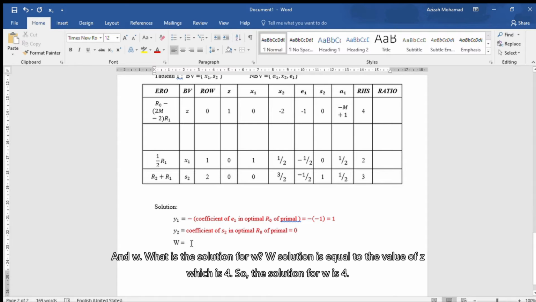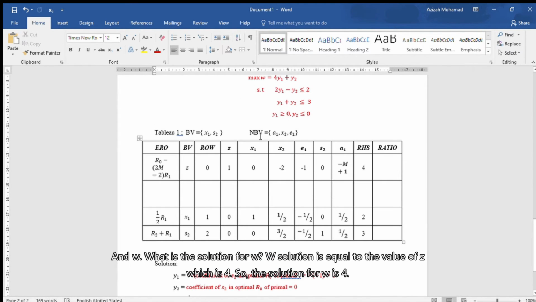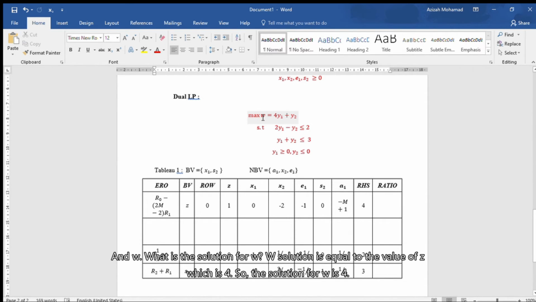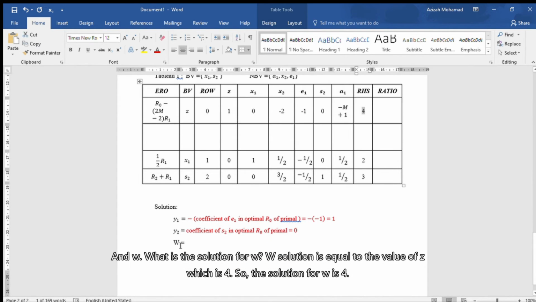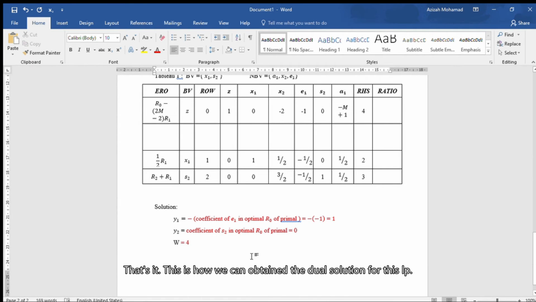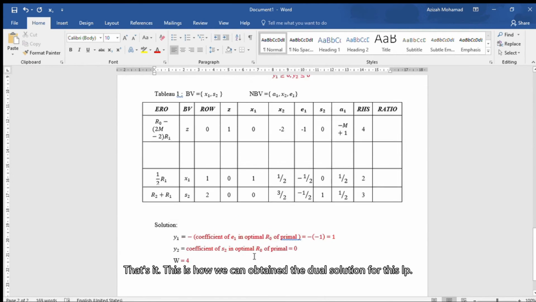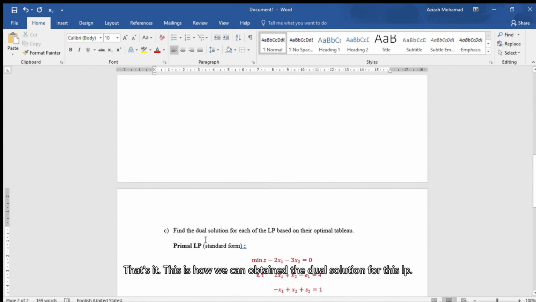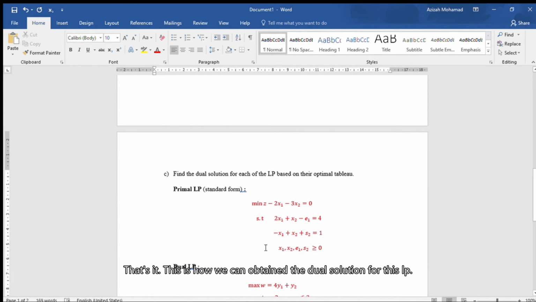And W, what is the solution for W? The solution is equal to the value of Z, which is 4. So the solution for W is 4. That's it. This is how we can obtain the dual solution for this LP.